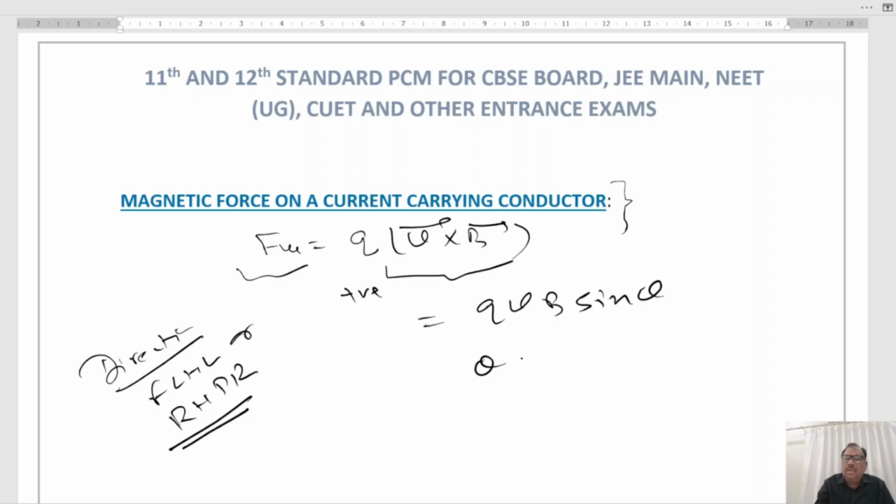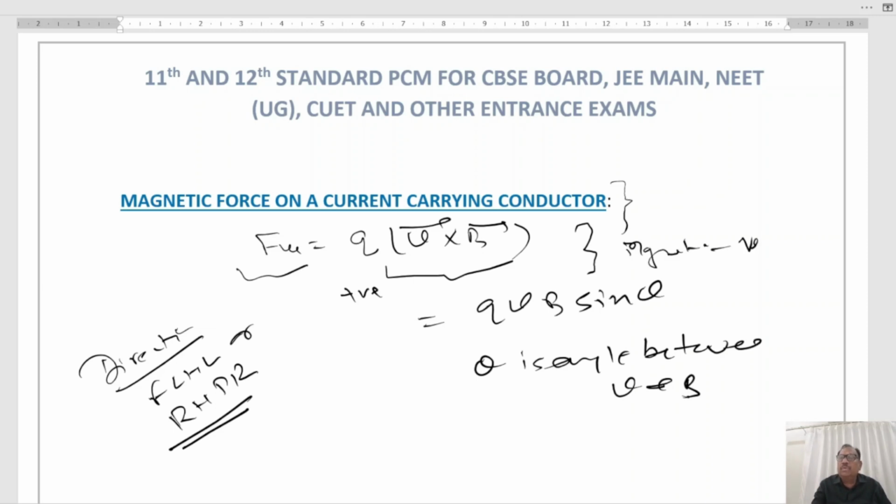Theta is the angle between V and B. This was discussed in magnetism, the very basics.